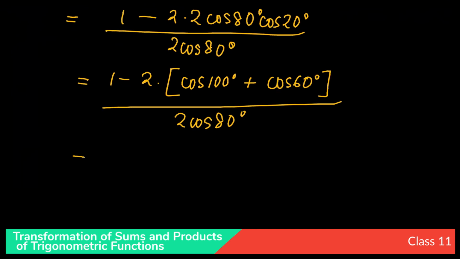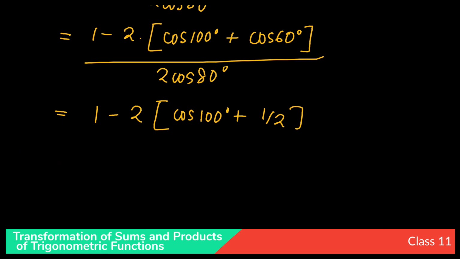Now it is 1 minus 2 into (cos 100° plus what is cos 60°?) Cos 60 means half. So I can write this by 2 cos 80°.